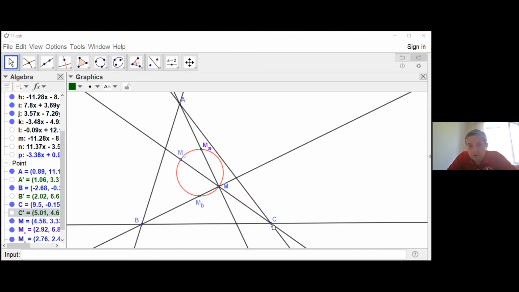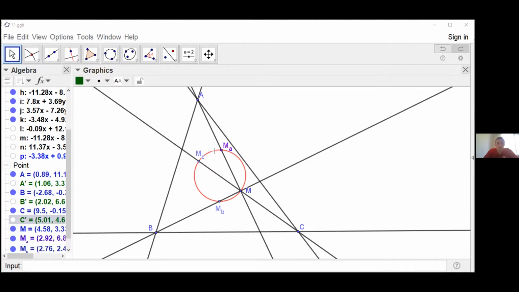Given, hopefully you see my screen, a triangle ABC, then an arbitrary point M, and on the cevians AM, BM, and CM we take three points MA, MB, and MC, such that these four points M, MA, MB, MC are concyclic. So we have this red circle.